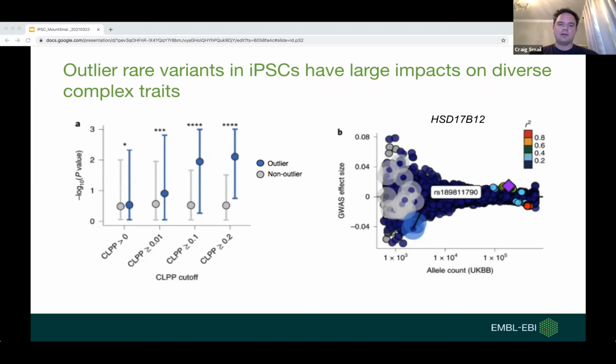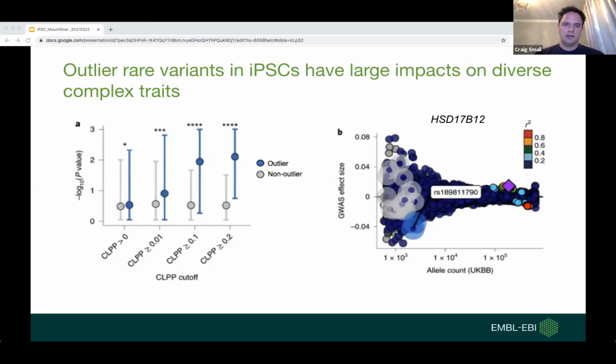And to generate a comparison set, we also looked at rare variants found within individuals that fall right in the middle or around the mean of the distribution of expression in these genes where we find these outlier individuals. And that just gives us a reference set to which to compare with these outlier rare variants.